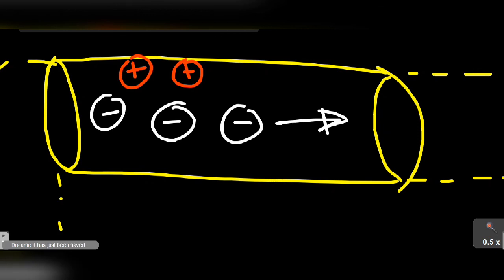So one thing you must understand is that the electrons are moving in this wire. Once you expose this wire to a voltage source, these electrons will start to move, and the movement of these electrons is what is referred to as current.